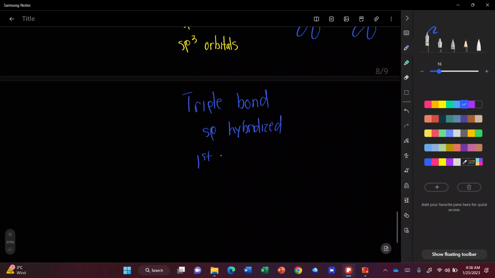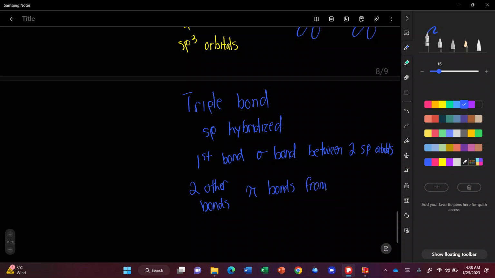The first bond is a sigma bond between the two sp orbitals, and the other two bonds are actually pi bonds from the leftover p's.